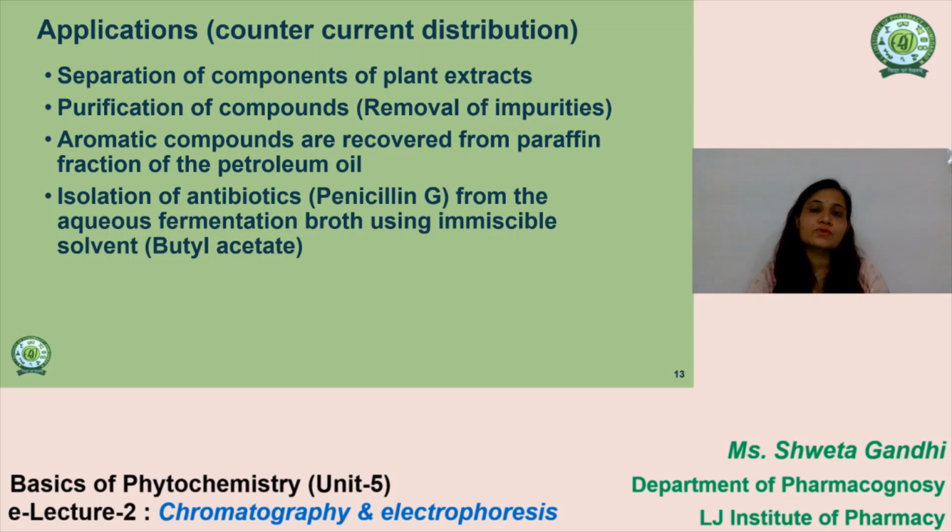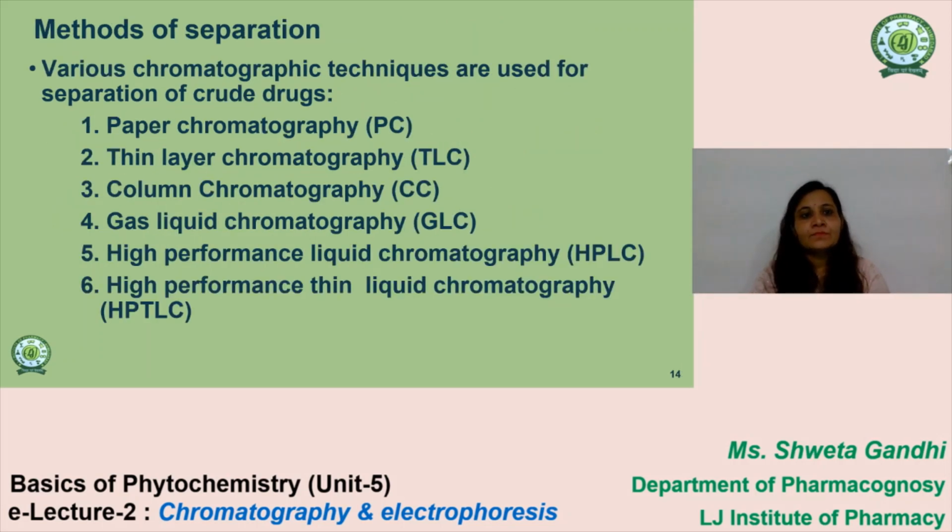Purification of compounds, meaning any compounds from which we want to remove impurities, can be done with counter current distribution. Aromatic compounds, as I have already told you. Isolation of antibiotics like penicillin G from the aqueous fermentation broth using an immiscible solvent. The solvent we will use here in the case of antibiotics is butyl acetate, or we can also use amyl acetate.